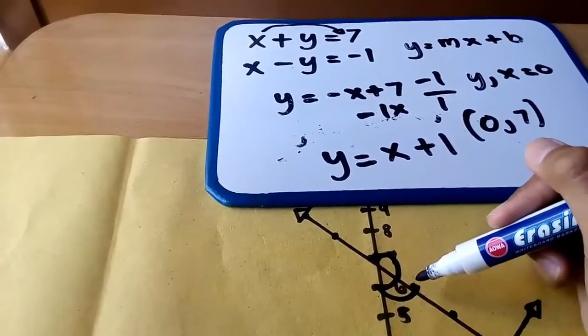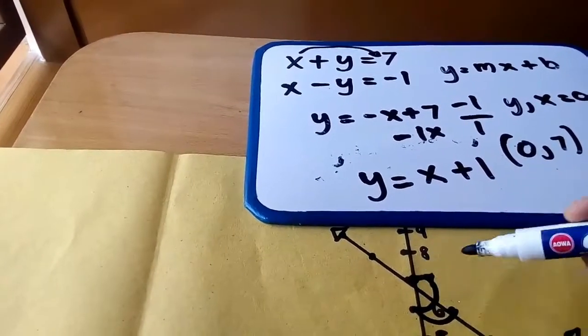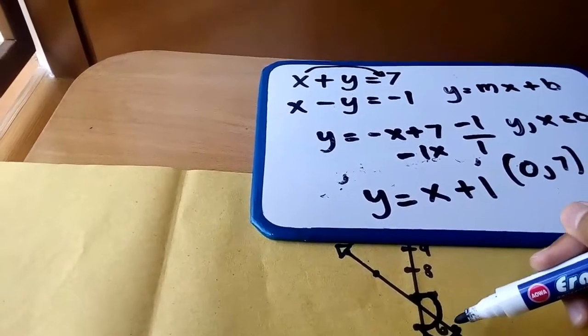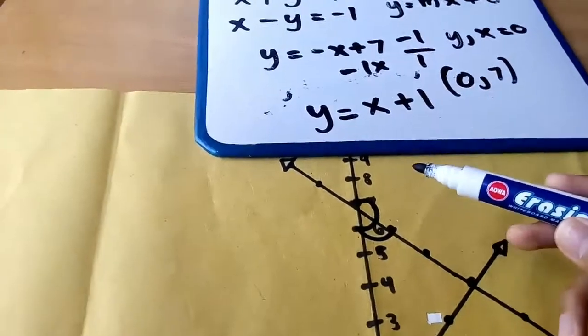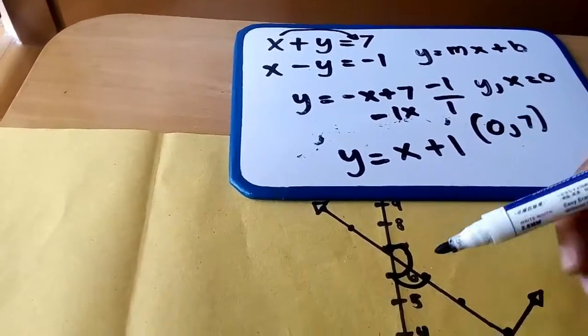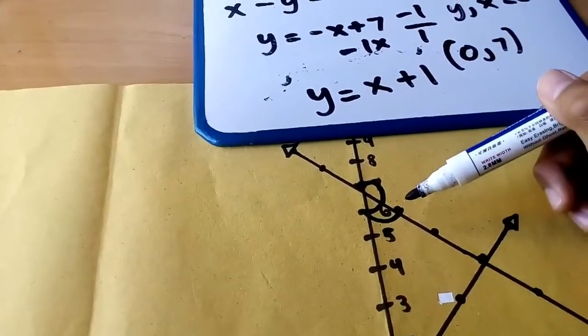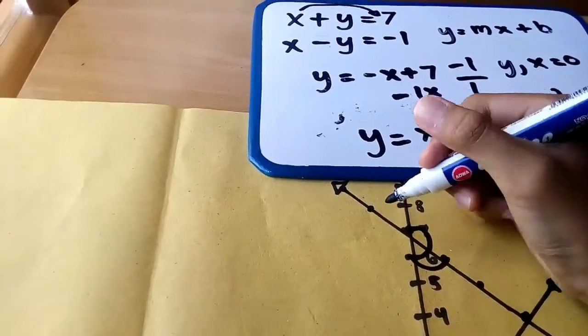The point transferred from 0, 7 to 1, 6. That is the slope. The slope of this is -1, so we have to do it all over again until we get a line.